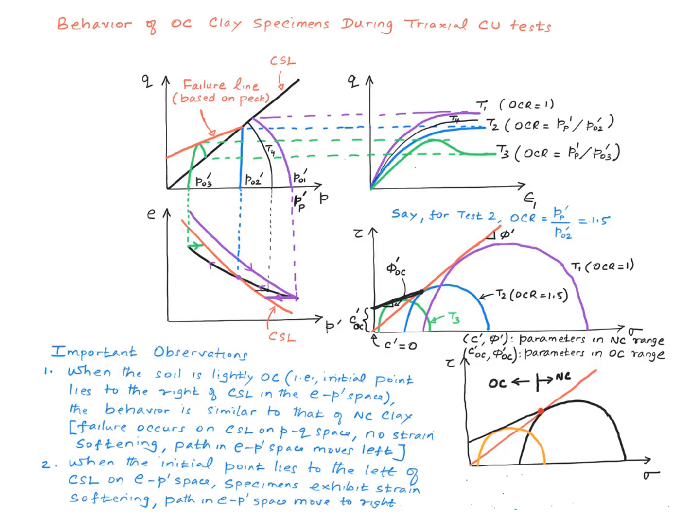In other words, we start this line from the circle that corresponds to a normally consolidated specimen. So the bottom line is that normally consolidated soils do not exhibit cohesion in a Mohr-Coulomb failure criterion sense. Of course, we have discussed this in detail in an earlier video. But an overconsolidated clay or a cohesive soil for that matter does exhibit cohesion.